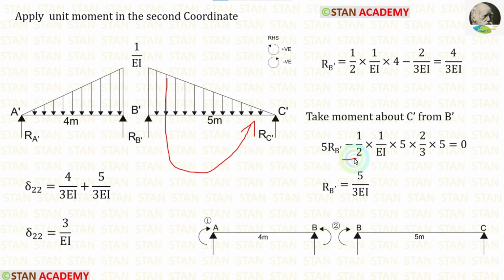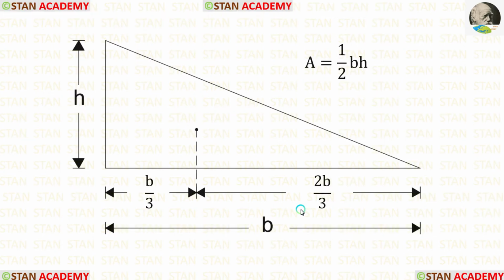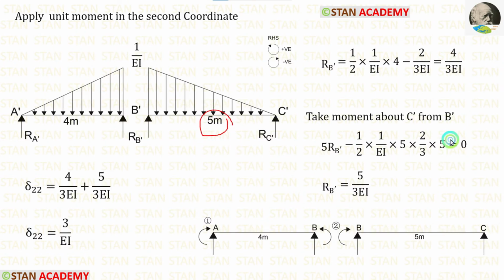So it will be negative. For this UVL, we have to multiply the area with the centroid. The area is half into 1 upon EI into 5. The centroid distance towards the right is 2b upon 3. Here the breadth is 5. So the centroid is 2 upon 3 into 5. Finally we are getting RB dash.